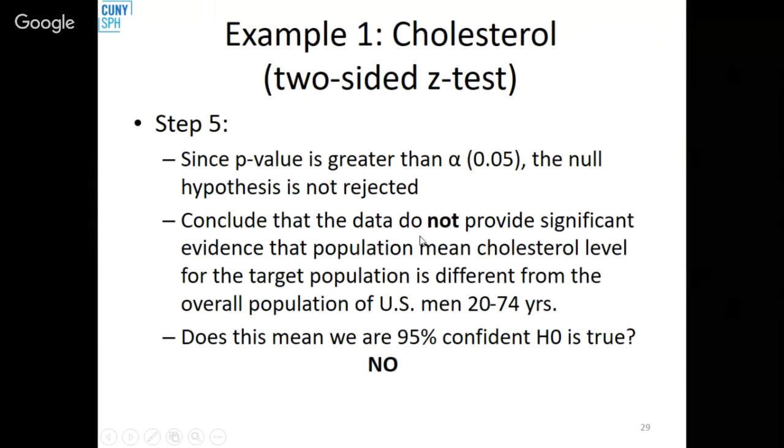We probably still would not reject it, but this 1 minus alpha is still 95%. So this doesn't change depending on the size of our sample. Alpha is just something that we determined in advance.